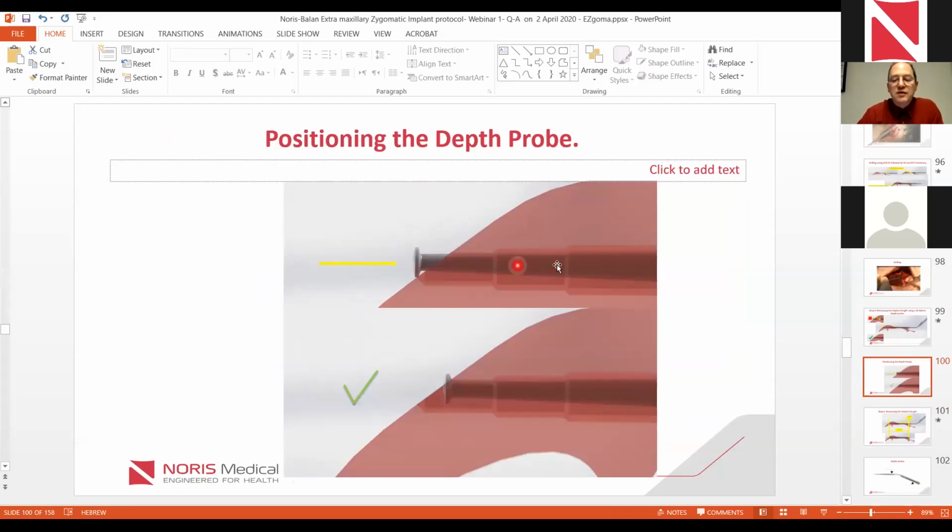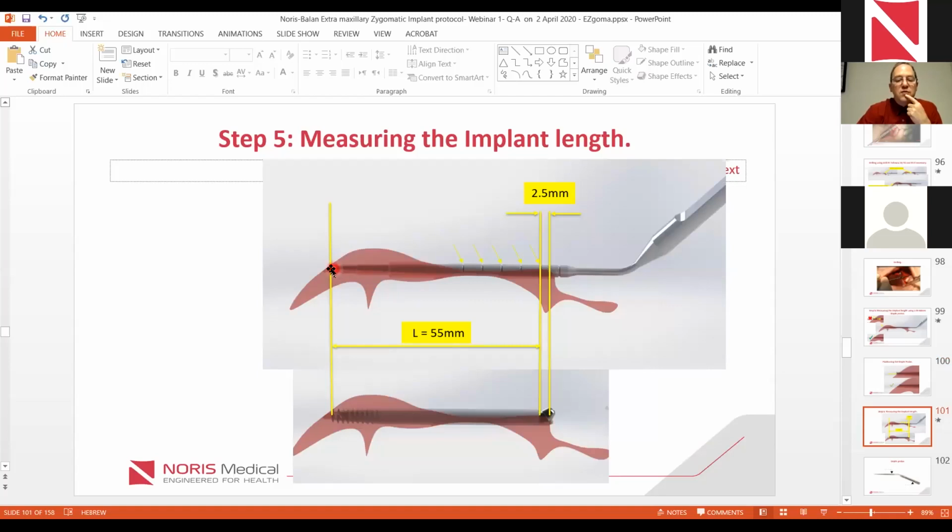When we put the depth probe out and hold our finger, we will feel the depth probe in our finger, and then we pull it back to the position where it stopped on the bone. Then we are measuring this distance from here to the position where we want to have the implant.